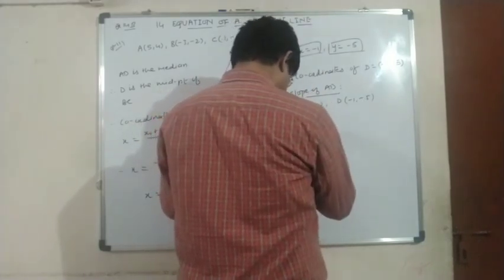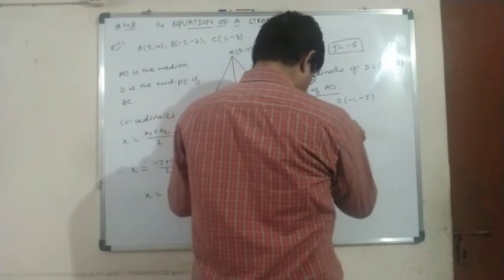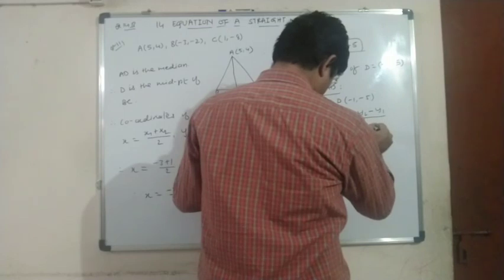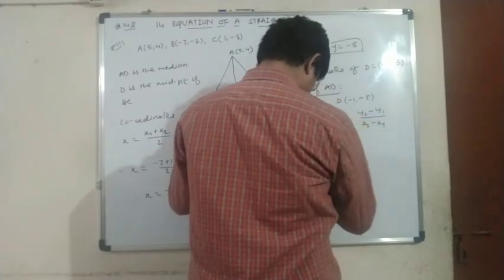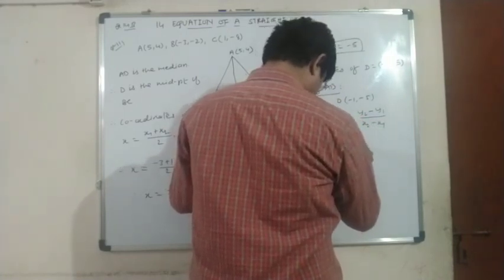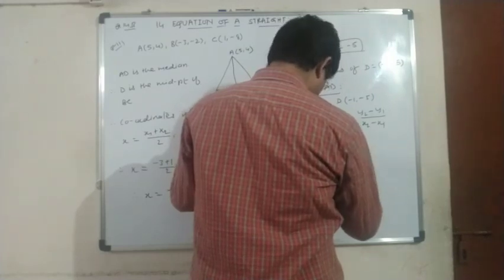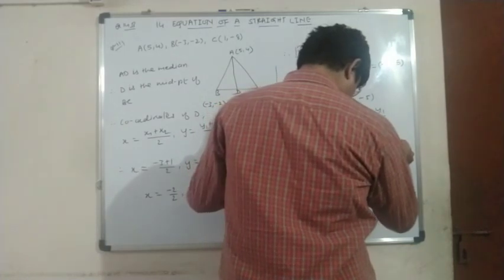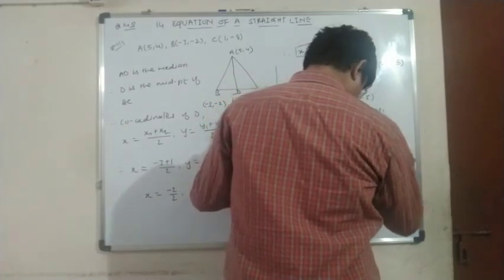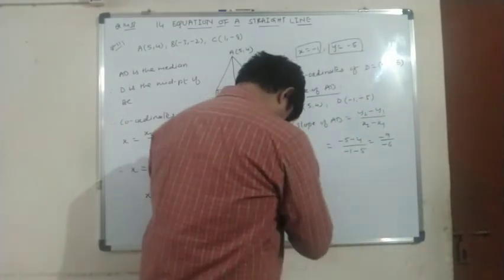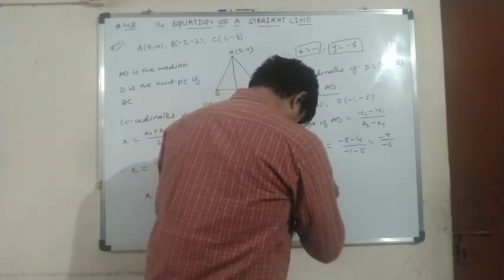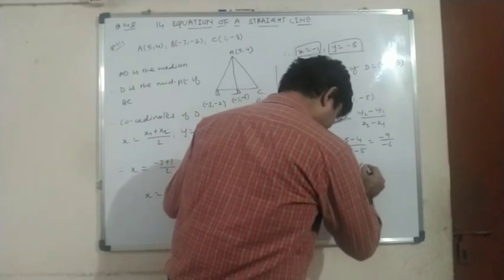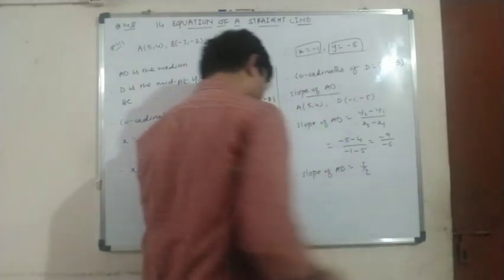Slope of AD will be given by (y2 minus y1) upon (x2 minus x1). So (-5 minus 4) upon (-1 minus 5), -9 upon -6, and therefore slope of AD will be 3 upon 2. Clear?